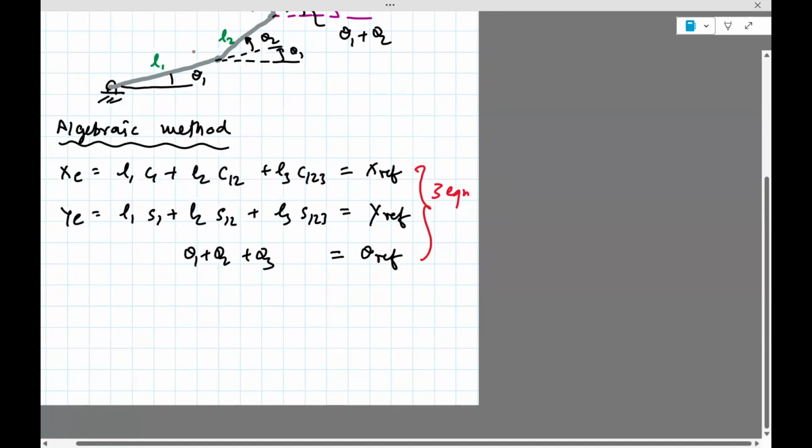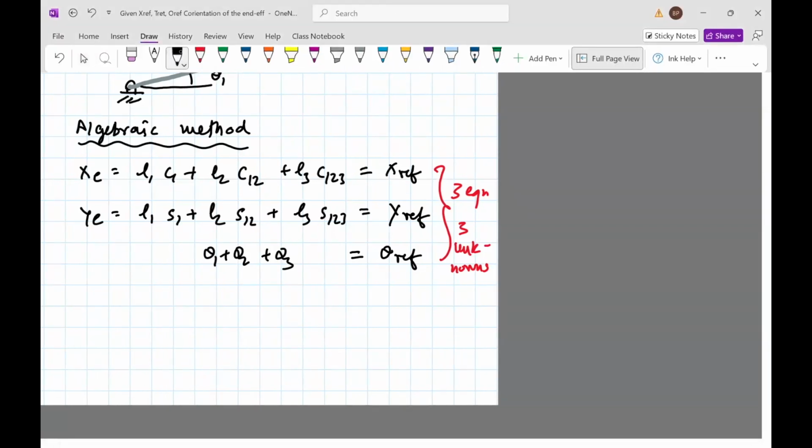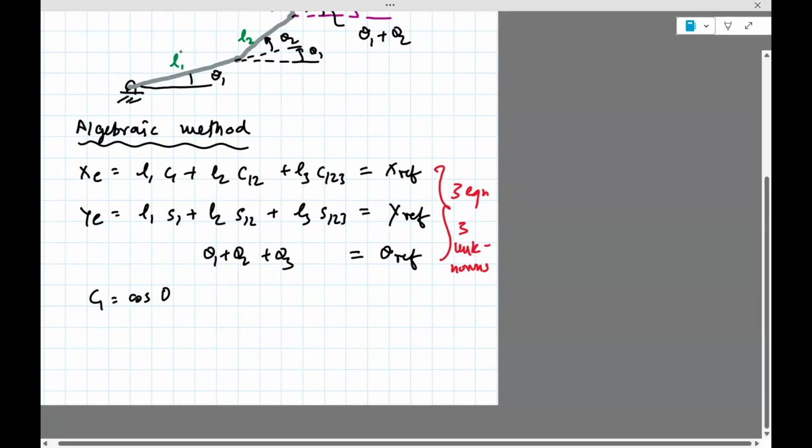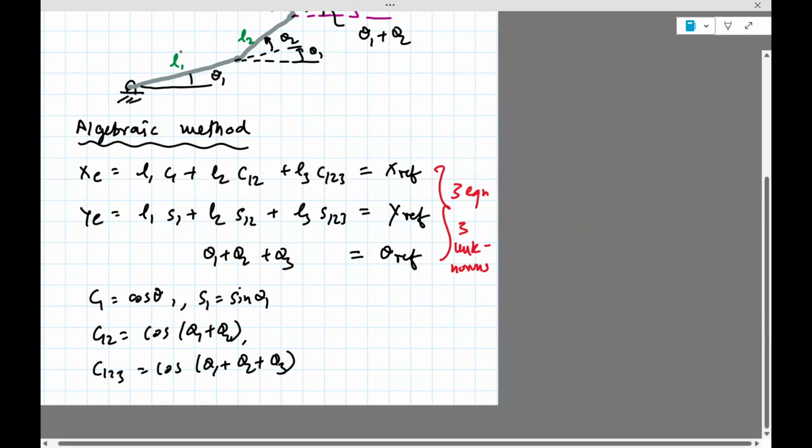Here C1 is cosine theta 1, S1 is sine theta 1, C12 is cosine of theta 1 plus theta 2, and the same for sine. So C123 is cosine of theta 1 plus theta 2 plus theta 3.